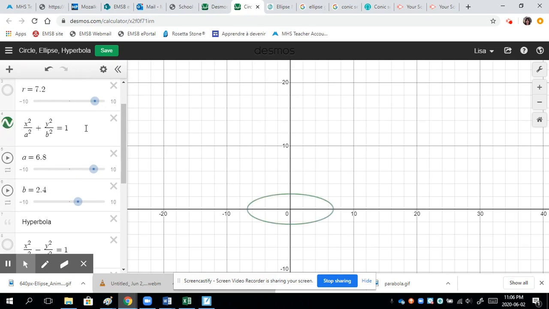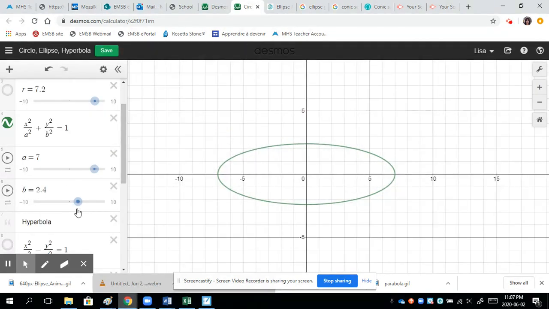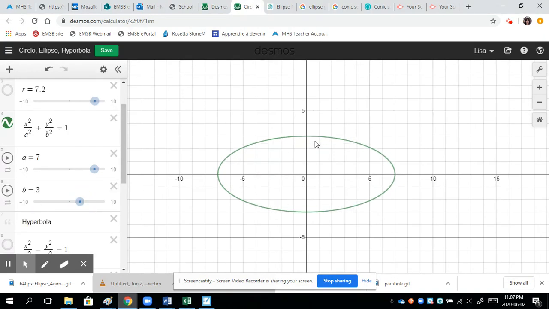Just want to show you what I'm doing here is I'm changing the value of A. Okay. So in this case, A is 7 and B is 2.4. So let's make B 3. So actually A and B, you can see here.